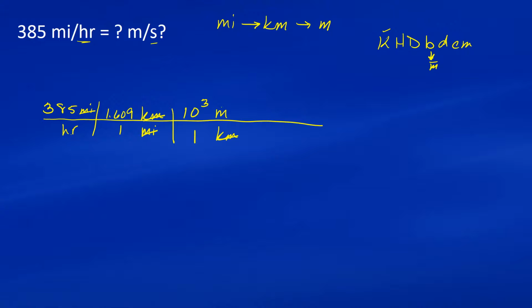So I'm going to bring hours up here to seconds. And I know that there's 3,600 seconds in 1 hour. Let's give that a try. So in this case, I end up with 172 meters per second. There's 3 sig figs, 3 sig figs. We're good to go.